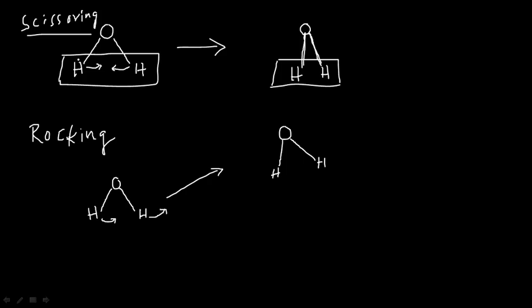In plane bending, you are having two types of bending, scissoring and rocking. When the two atoms are moved in opposite directions, you will have scissoring. When the two atoms are moved in the same direction, you will have rocking, a bending vibration.